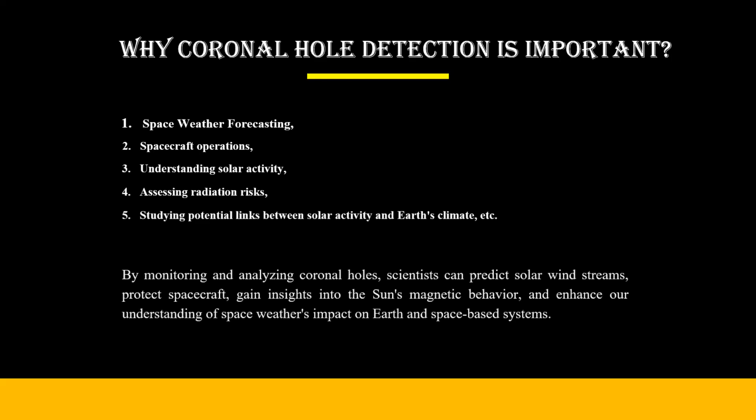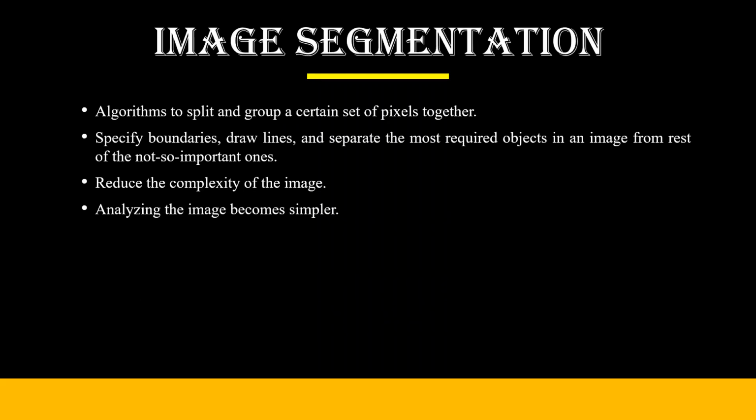By monitoring and analyzing coronal holes, scientists can predict solar wind streams, protect spacecraft, gain insight into the sun's magnetic behavior, and enhance our understanding of space weather impact on Earth and space-based systems. Ritika will explain image segmentation.